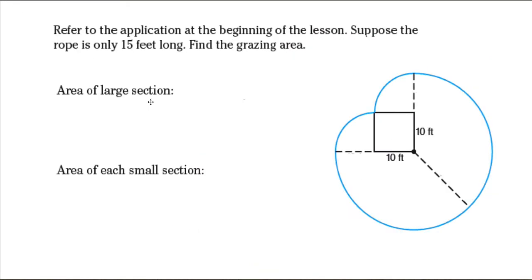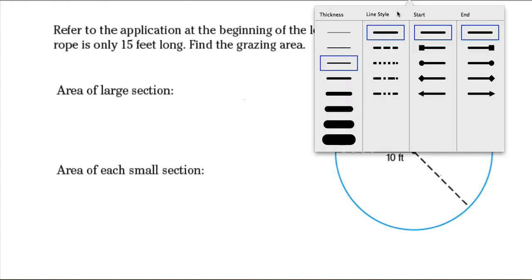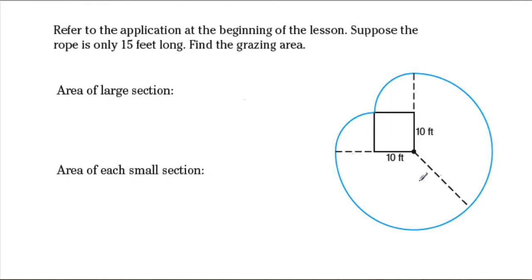Now let's go back to the same problem at the beginning of the lesson. Suppose the rope is only 15 feet long. Find the grazing area. So again, instead of 20 feet, the radius now becomes only 15 feet, compared to the original example we had at the beginning.